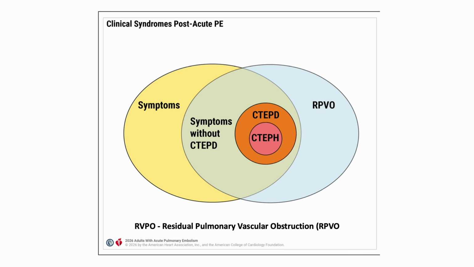The other half of the patients may be the ones which come under the umbrella of chronic thromboembolic pulmonary disease, and they include patients with residual pulmonary vascular obstruction. They include patients who come under pulmonary hypertension or chronic thromboembolic pulmonary hypertension. And they may also have symptoms but without the pulmonary hypertension component.